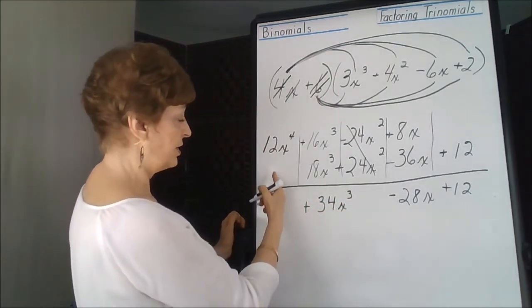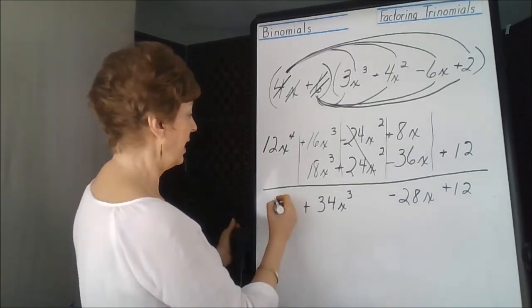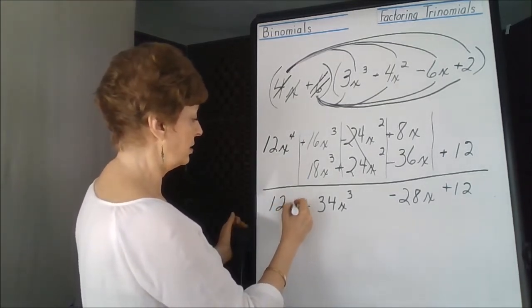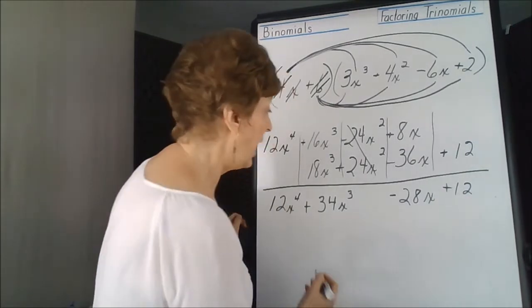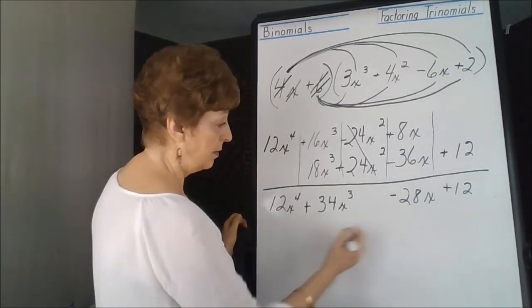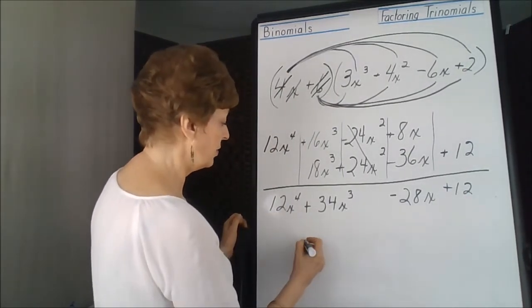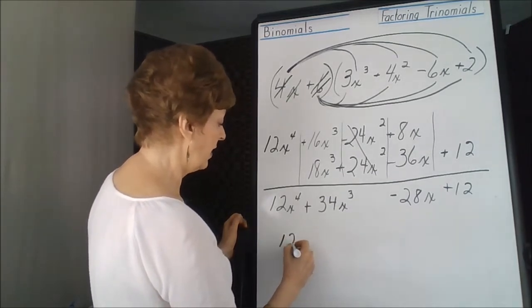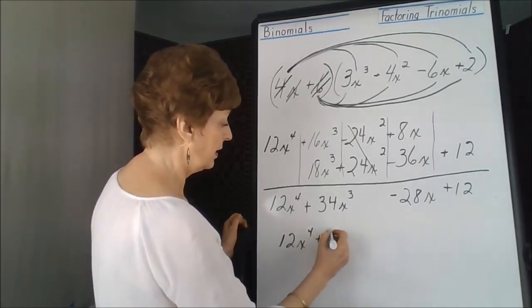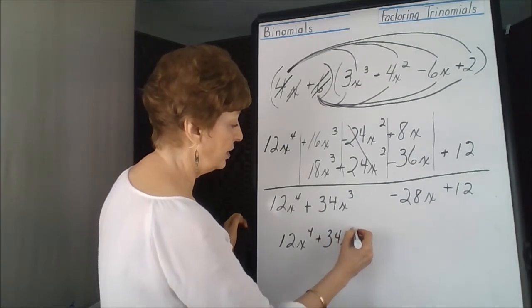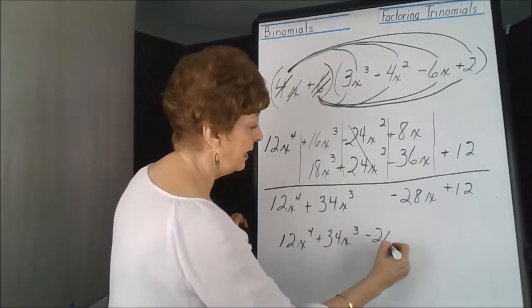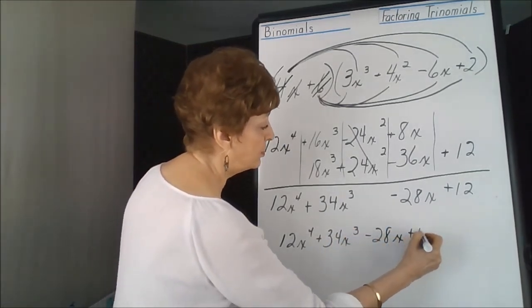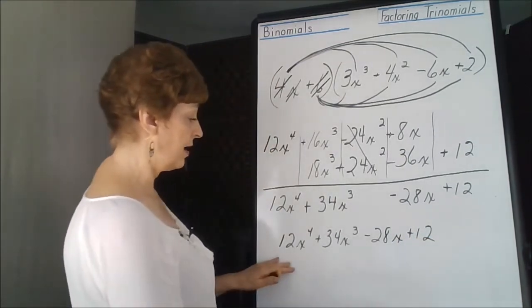And this particular one only has 1 number in it. I'm just going to simply drop it into position. So the polynomial, we'd probably squeeze that together so it didn't look funny. 12x to the 4th plus 34x cubed minus 28x plus 12 would be our answer for that.